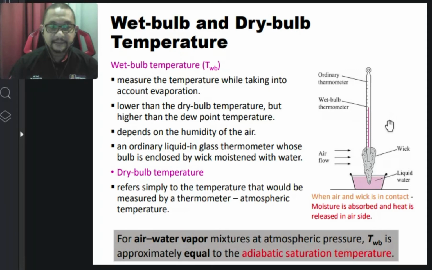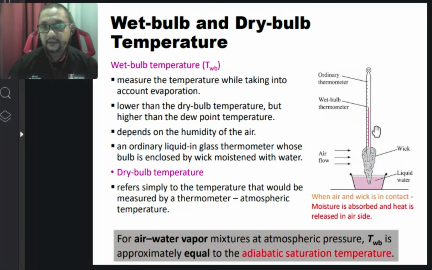This is actually called the wet bulb temperature, and these devices are commonly used in air conditioning applications.